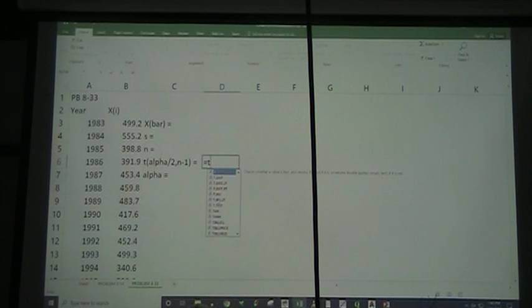My function is T.INV.2T for two-tailed, the probability, and what is my degrees of freedom?